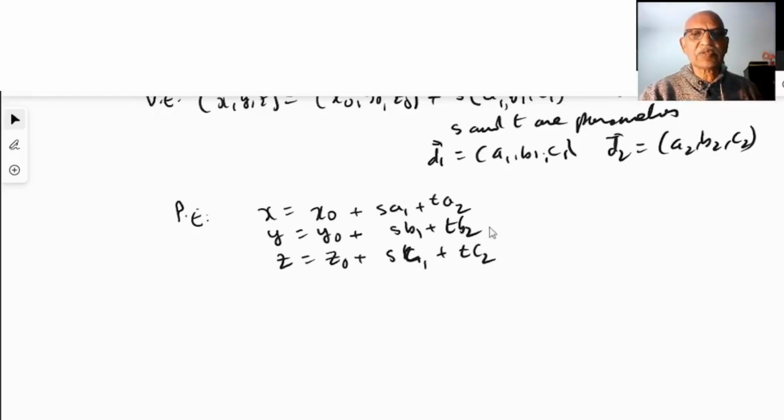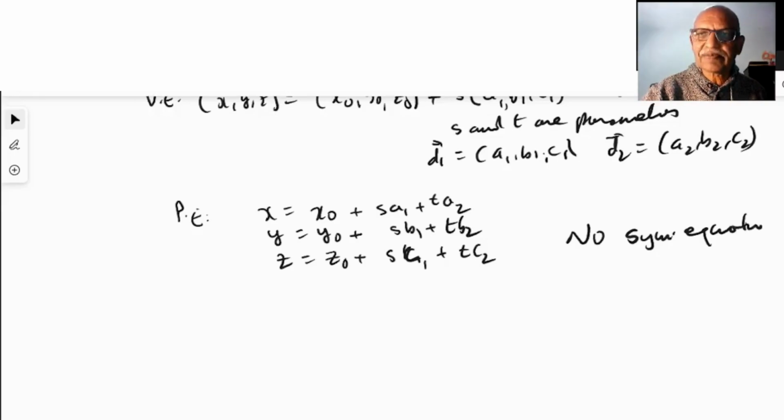These are the parametric equations. We have no symmetrical equations for a plane. So we don't have symmetrical equations.